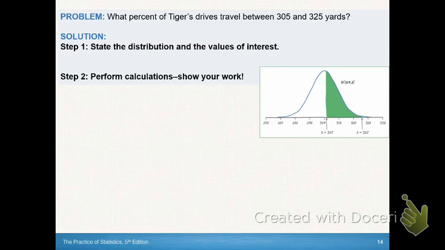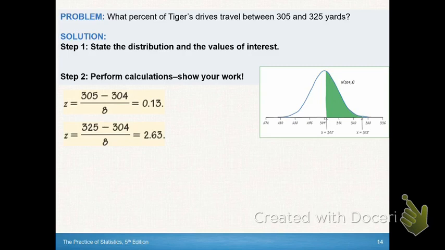We would want to either use our calculator or turn both of those values into z-scores. If we're going to go by hand and turn them into z-scores, remember that you'll be given the value for this point and lower.